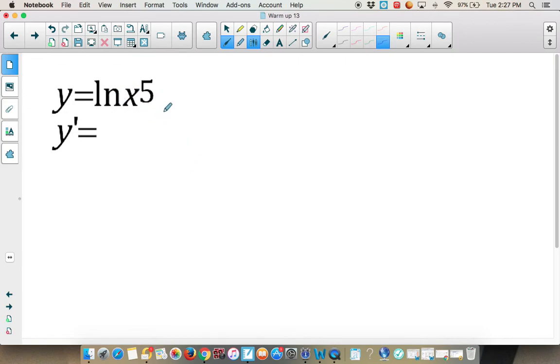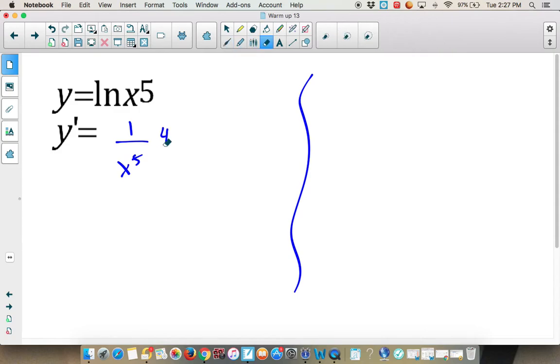All right, we can do this the easy way, and we'll do it the hard way. So this is going to be 1 over x to the 5th times 5x to the 4th, because I need to do the derivative of the inside also. When I look at that, it reduces to 5 over x.